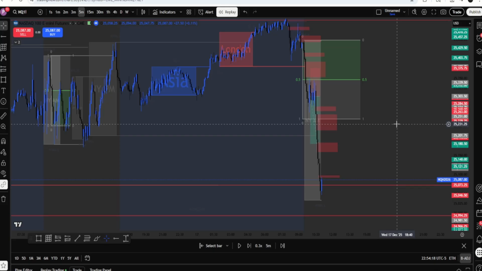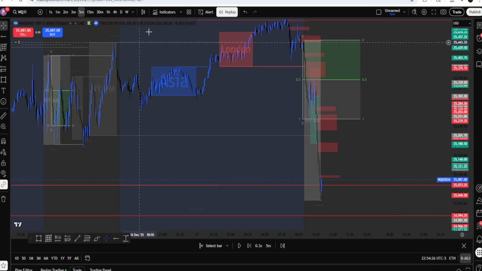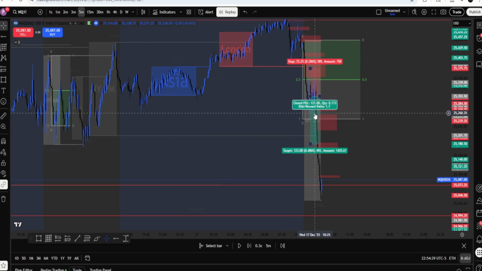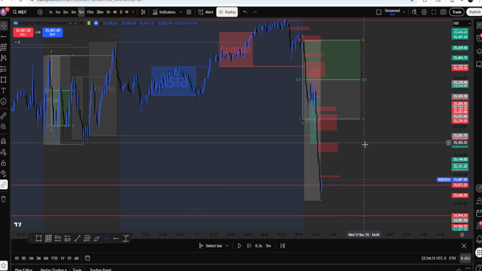I typed in the stop loss wrong, so it rejected a little bit and took me out of the trade, still in profit. I was going to place my stop loss at break even, but I was like, let me put it up here and be a little bit more in profit. I ended up typing it wrong and it took me out, but it would have kept going down.